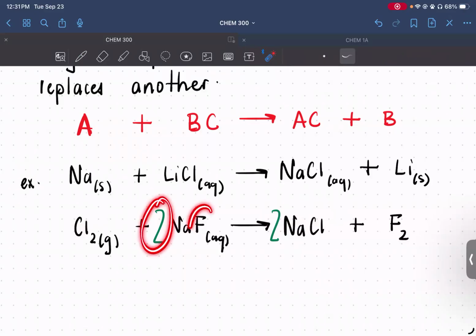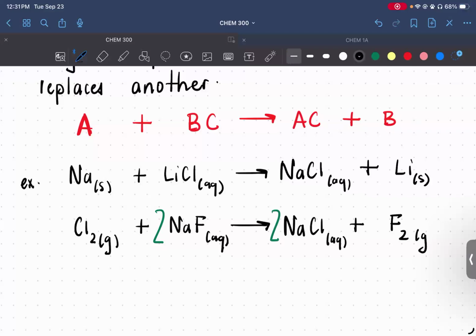And sweet serendipity, fluorine is now balanced. As we've pointed out and seen many times, as you work through the balancing systematically, things tend to work out. All that's left, of course, are the state symbols. We're at the point where we should remember that table salt is aqueous and a diatomic fluorine is a gas.